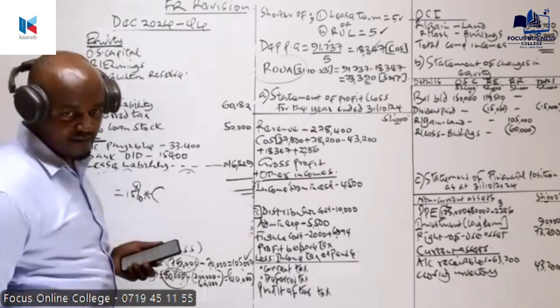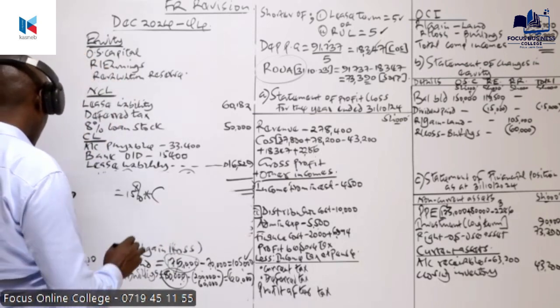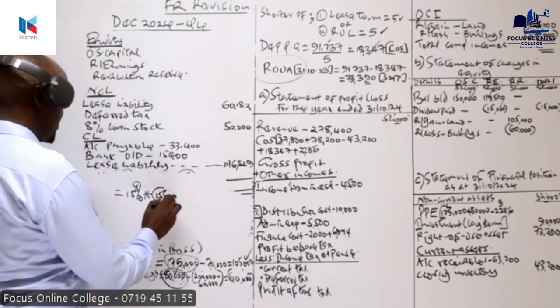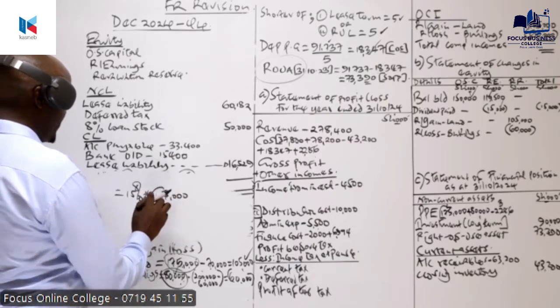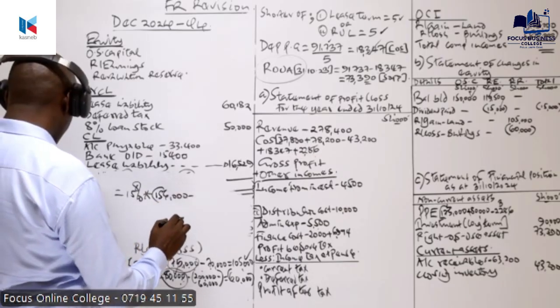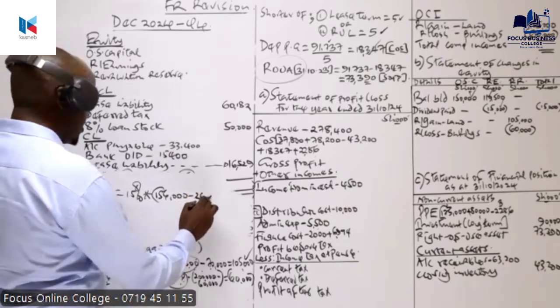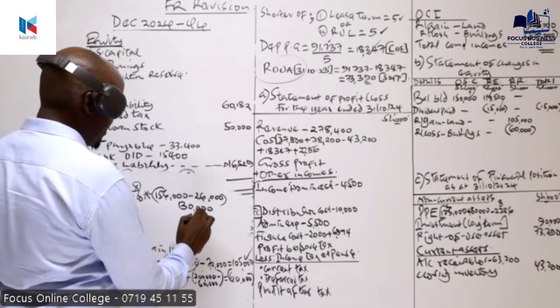What is the cost of plant in the trial balance? It is basically 156,000, minus accumulated depreciation. Accumulated depreciation for plant is 26,000. So the net book value is 130.